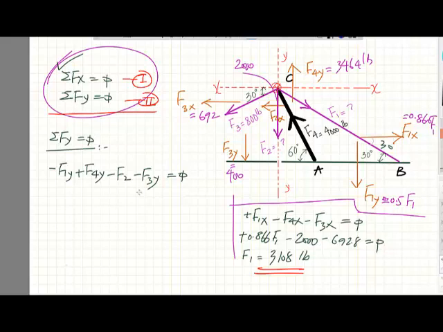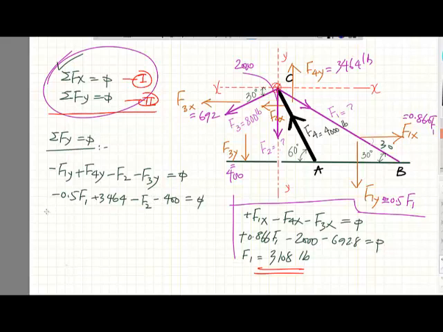So again we have the values for these components. F1y is equal to minus 0.5 F1, because we calculated the value of F1, we'll multiply that, and then F4y is equal to 3,464 pounds, and F2 is unknown, that's what we're trying to calculate, and F3y is equal to 400, equal to 0.